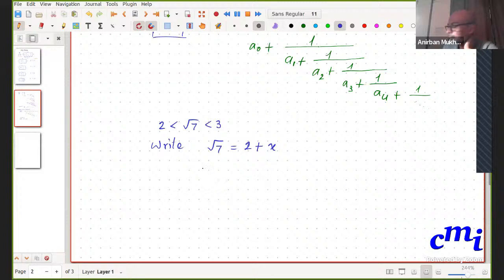And then square both sides. So 7 is equal to 4 plus 4x plus x squared. Let's bring 4 to this side, so 3 equals 4 plus x into x.